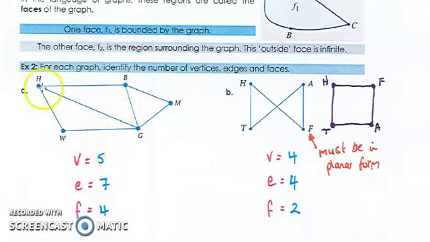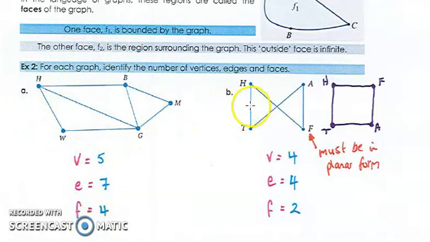The number of edges: 1, 2, 3, 4, 5, 6, 7, so there are 7 edges. And the number of faces: 1, 2, 3, which are bounded inside the graph, and then the external, outside face is the fourth one. So in this case, there are 4 faces.